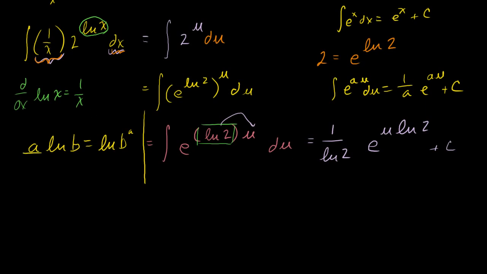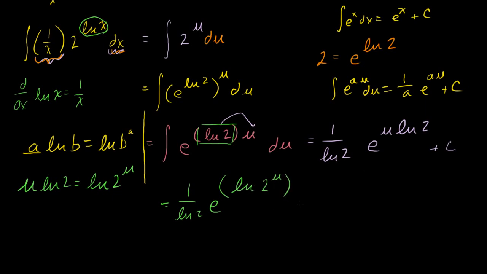So u times the natural log of 2 is the same thing as the natural log of 2 to the u. So we can rewrite our antiderivative as being equal to 1 over the natural log of 2, that's just that part here, times e to the, this can be rewritten based on this logarithm property as the natural log of 2 to the u. And of course, we still have our plus c there.